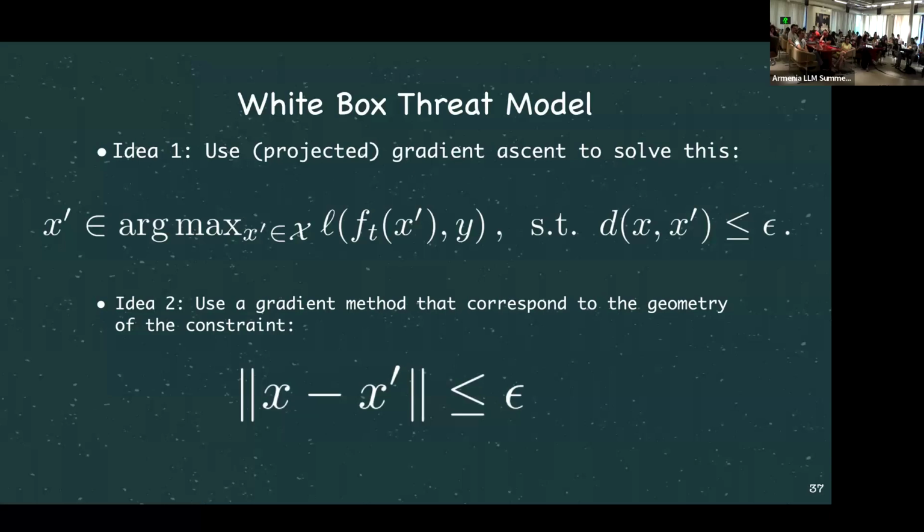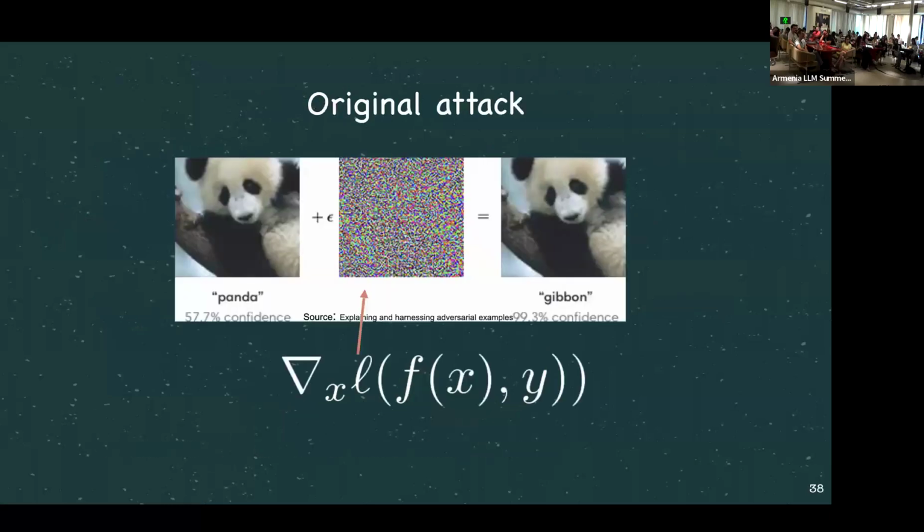The second important idea is that the constraint is a bit weird. If you are allowed to change every pixel by a value of epsilon, and you look at the gradients, they will have different values.